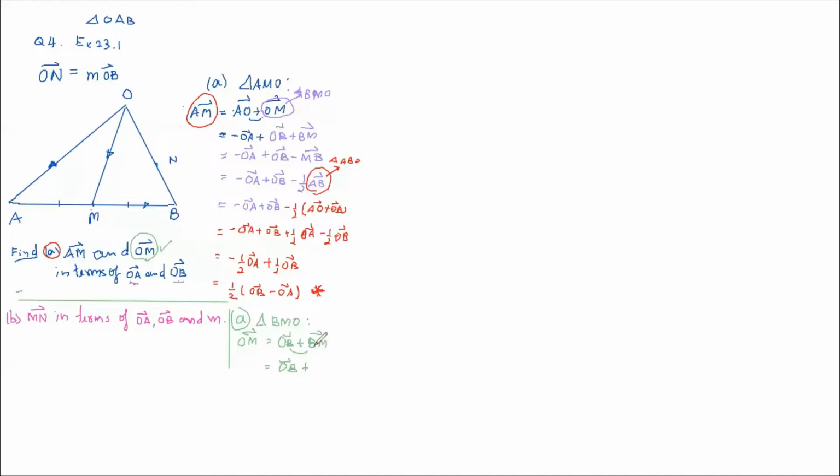Now BM is here, but we know MB, right? This one we have BM, but we know MB, so it's the opposite direction again. So this one has to be negative. Negative become MB. Actually similar to question A here. See that have MB here. So now keep OB minus MB.